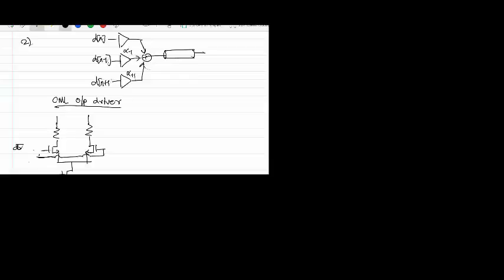What is happening? So you have d of n and d of n bar as an input.